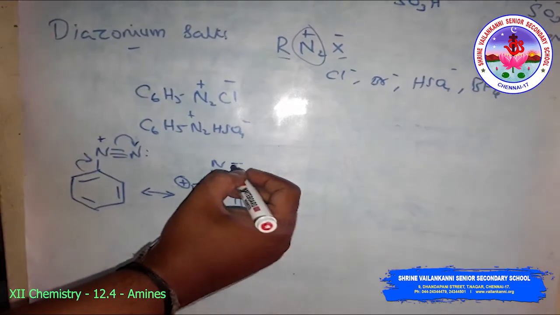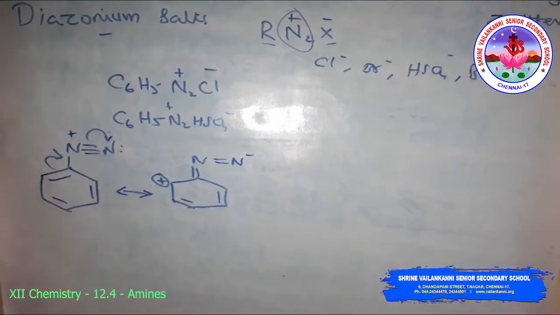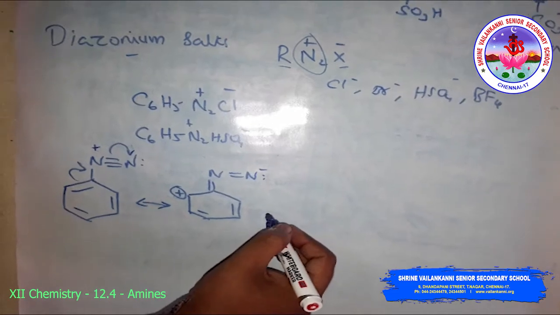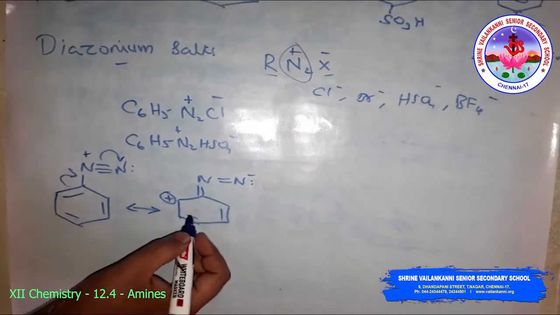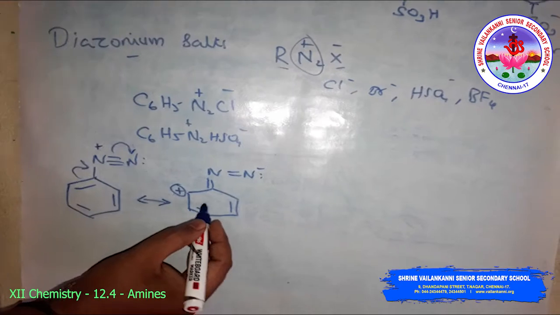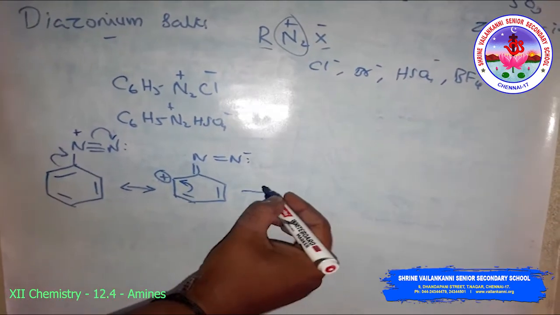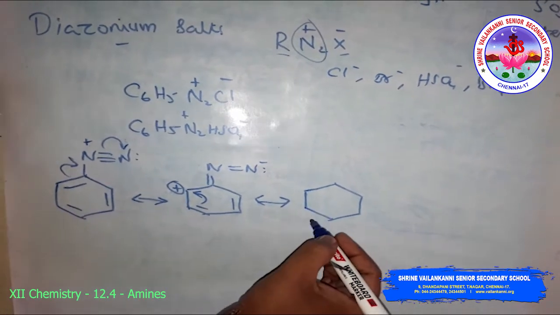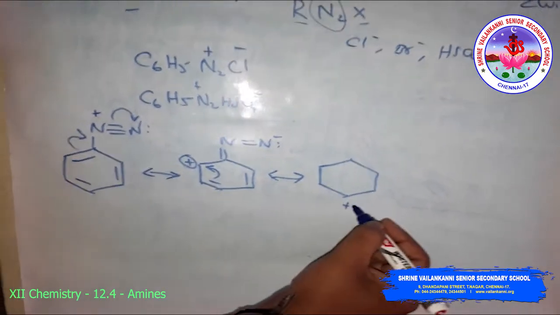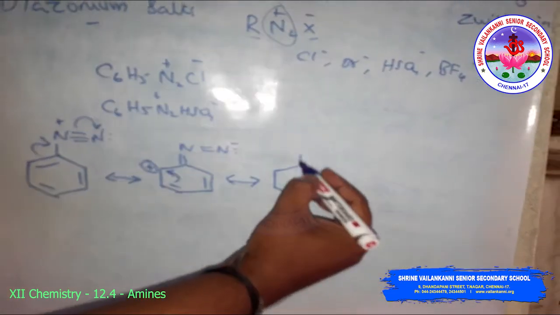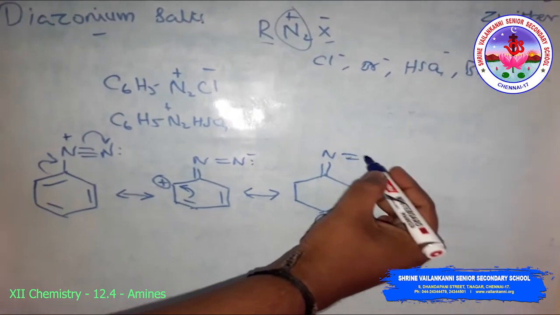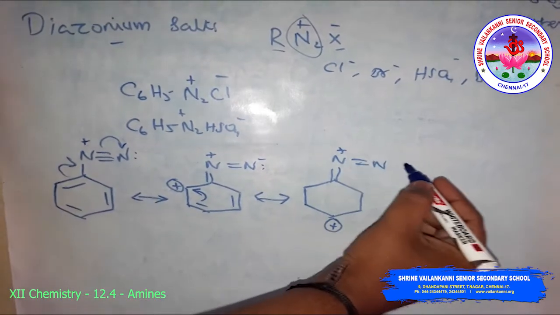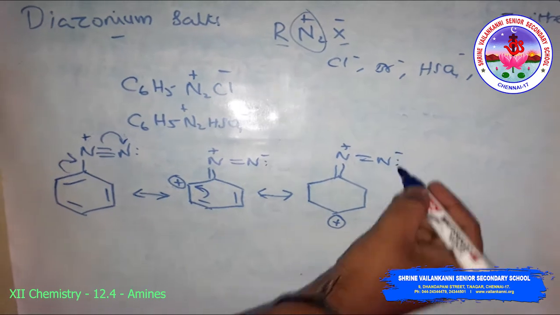Then again this positive charge is stabilized by this bond, so we will get like this. So again double bond, positive charge, double bond, negative charge.